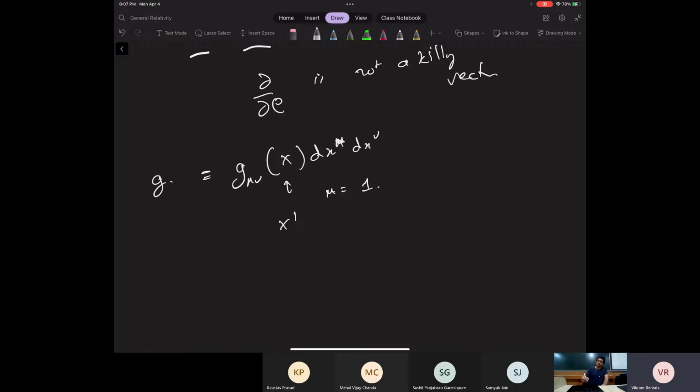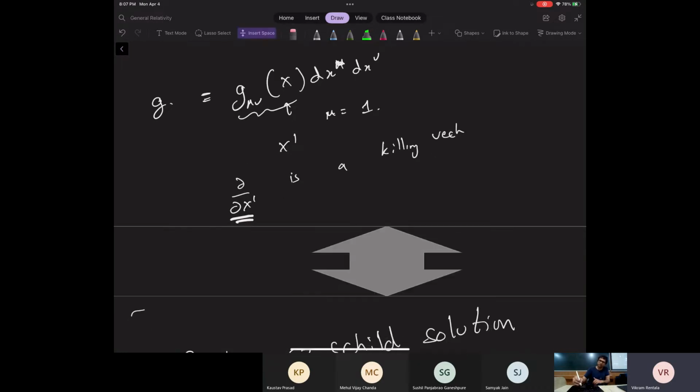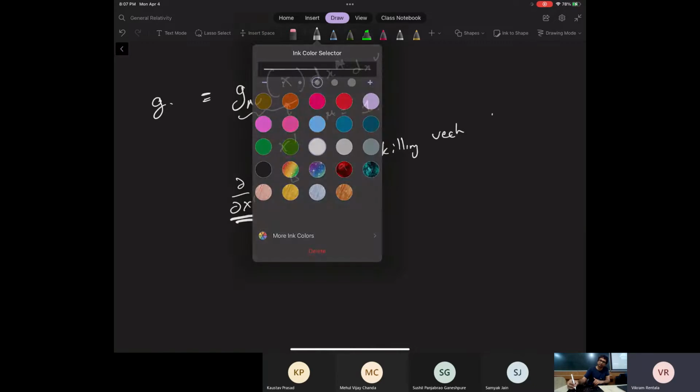Then what you can show is that partial x1 is a Killing vector. So if in some basis I can show that the metric doesn't depend on a particular coordinate, then the partial with respect to that coordinate is a Killing vector field.